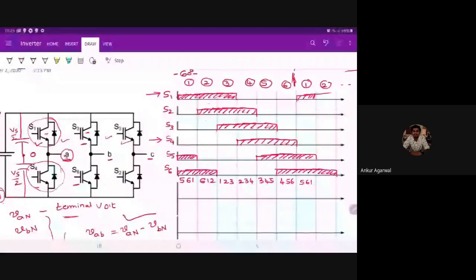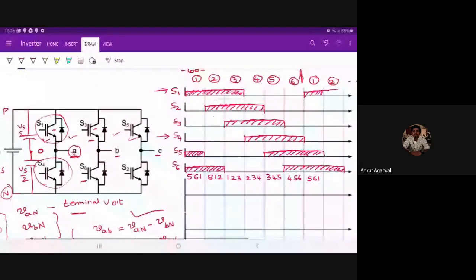It started with 5, 6, 1 and ended with 4, 5, 6, and in the next cycle it starts with 5, 6, 1 again. At any time, 3 devices are in conduction, right? Clear?